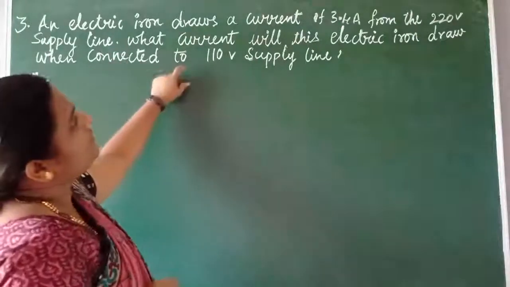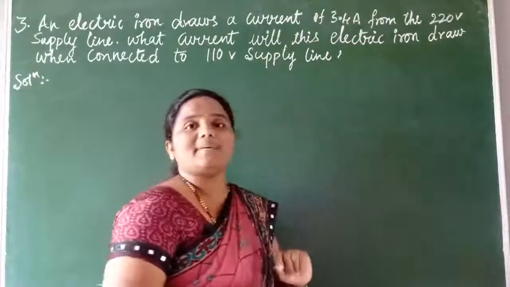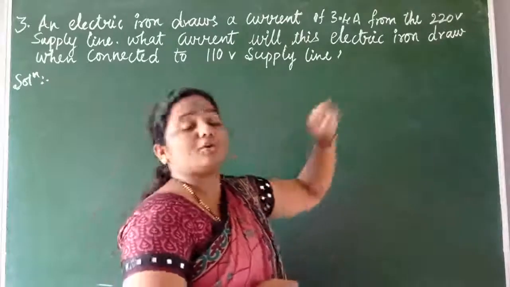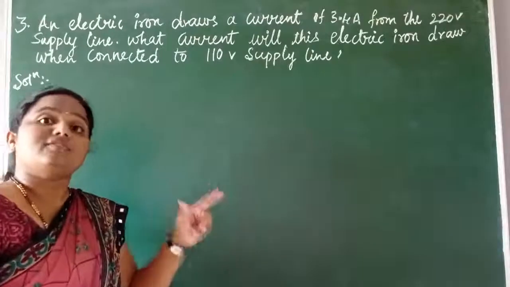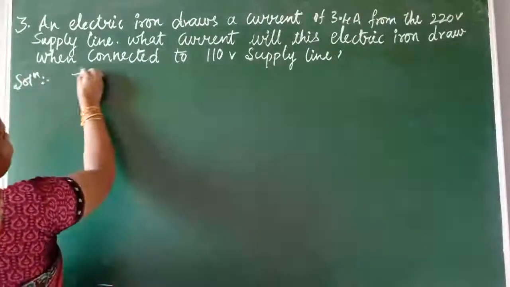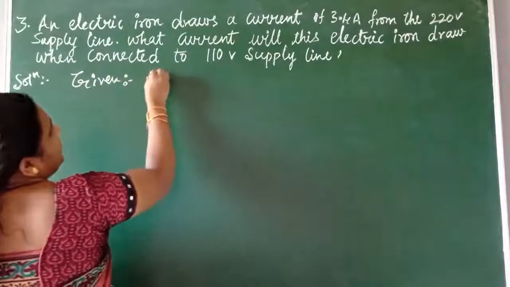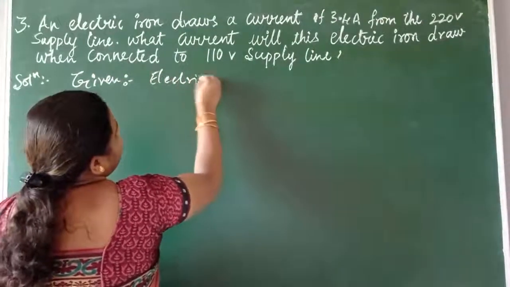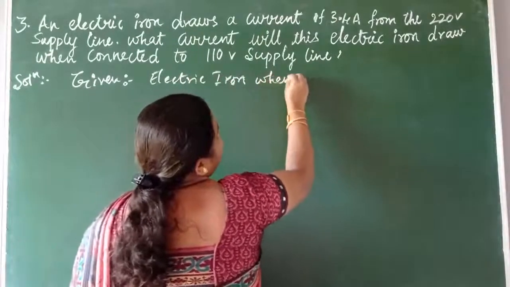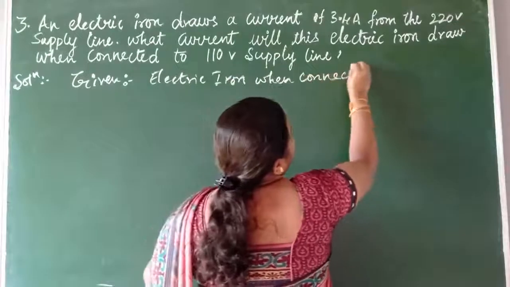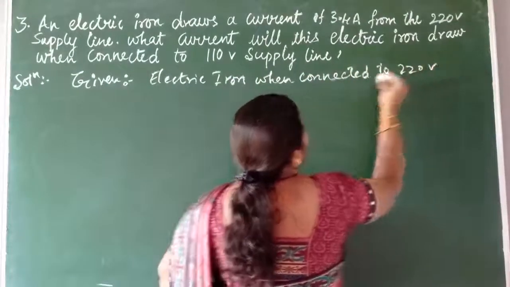See here, what is the given data, children? The current value is 3.4 amperes they have given, and what is the potential difference value? 220 volts. So what do we need to calculate? First, resistance, isn't it? Given, the electric iron when connected to 220 volts, isn't it, children?